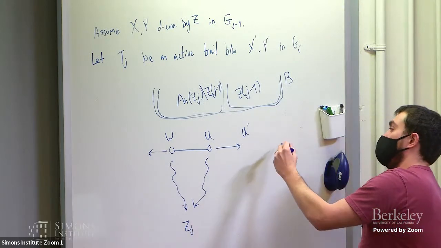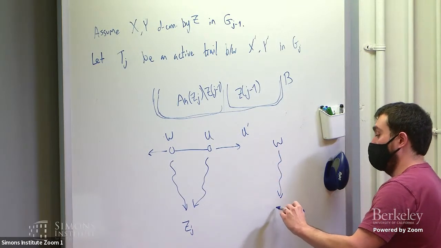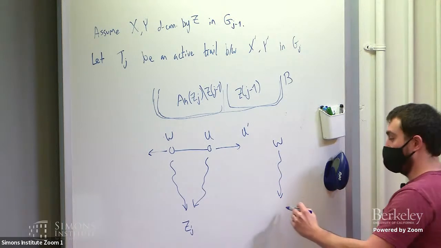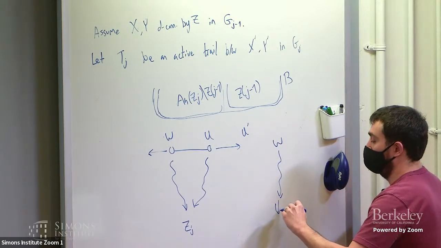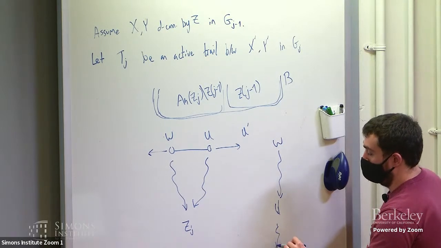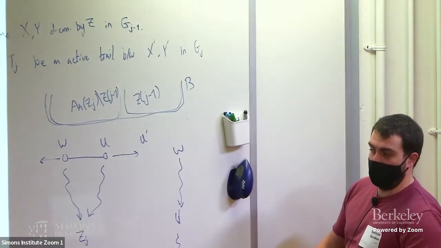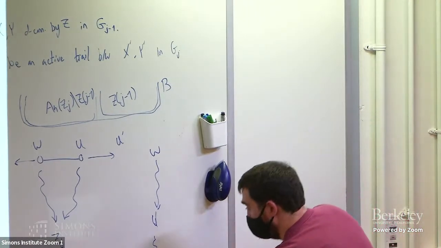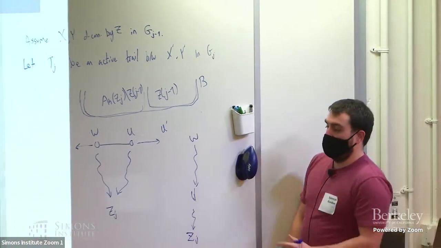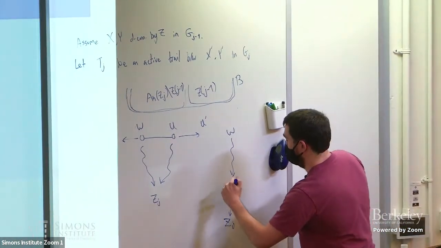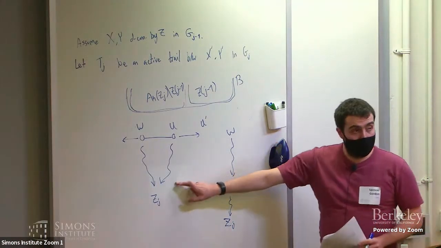So if W had a directed path to U, then this construction wouldn't work.